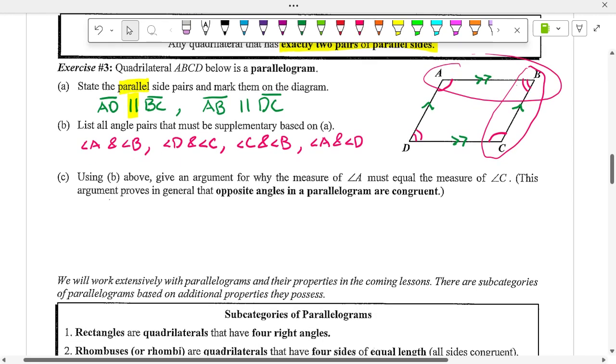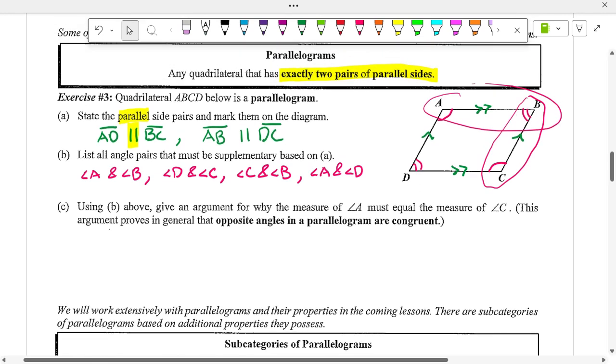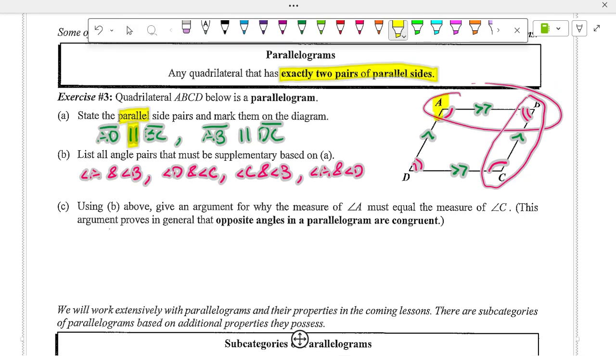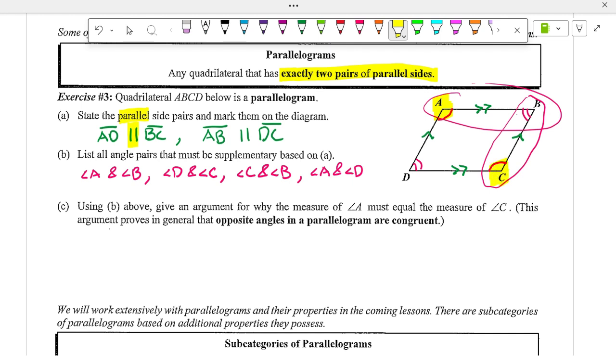Now, using the above, give an argument for why the measure of angle A must be equal to the measure of angle C. So we already know that they're congruent based off of what we know about parallelograms, but let's say we didn't. But we knew that we had some supplementary angles in there. How could I say that angle A is congruent to angle C if all I knew was that they shared some supplementary?